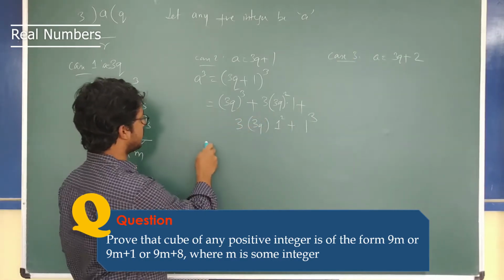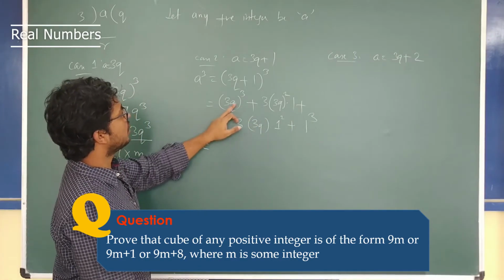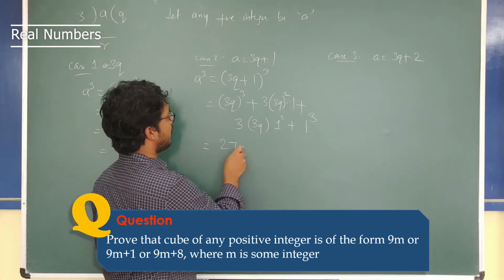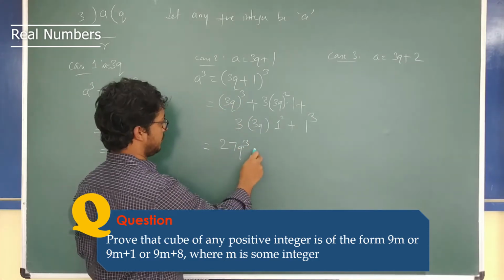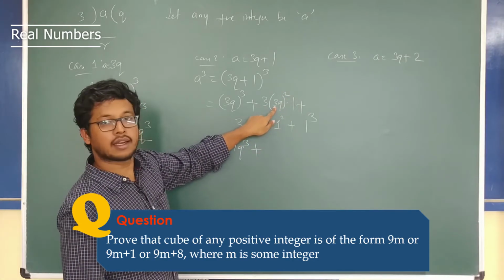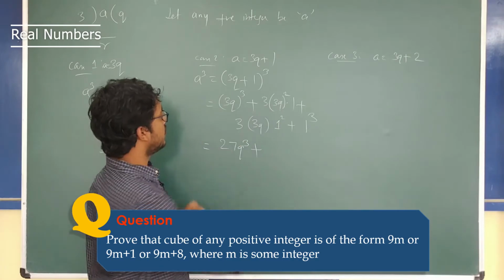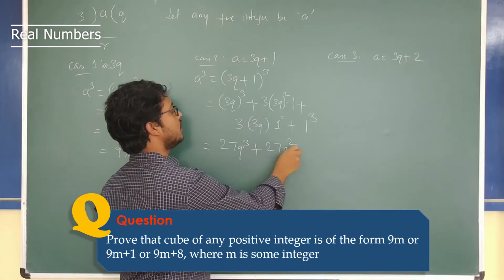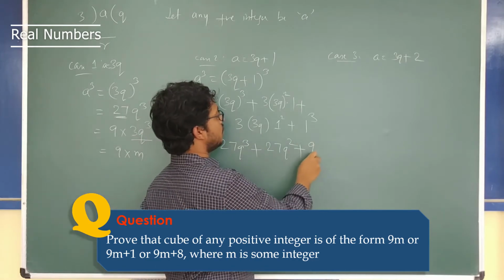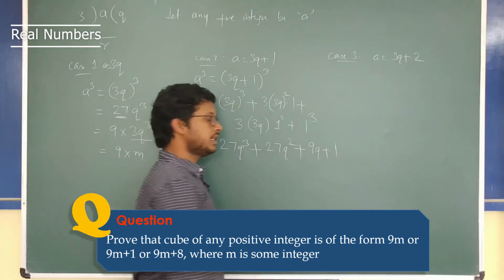So let's simplify this one. 3q whole cube, with cube taken separately, becomes 27q cube, plus 3q whole square, which is 9q square, into 3, which is 27q square, plus 3 into 3 is 9, 9q, plus 1 cube is 1.